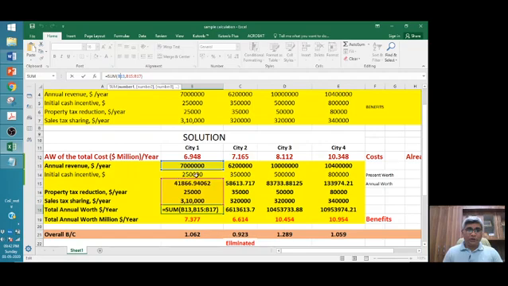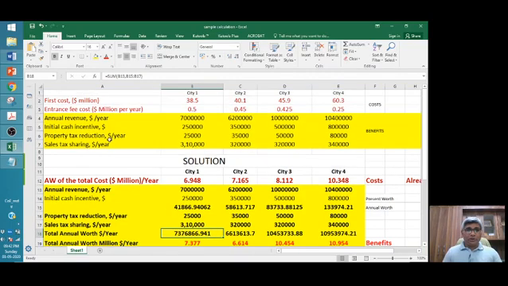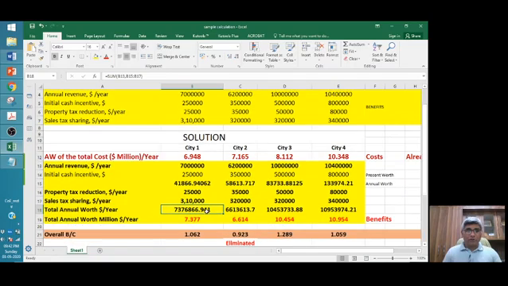I have already converted this present worth into annuities, so this annuity plus the rest, if we add all four things together, this will be the total cost associated with the benefits. Since we have expressed it in dollar millions, I convert this into millions, and this comes out to be 7.37. Similarly for city 2, city 3 and city 4.